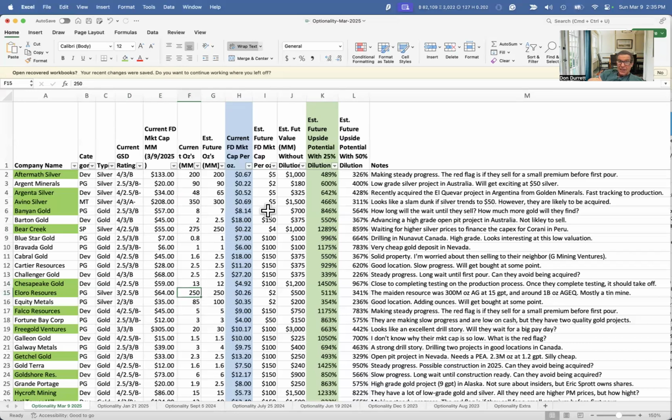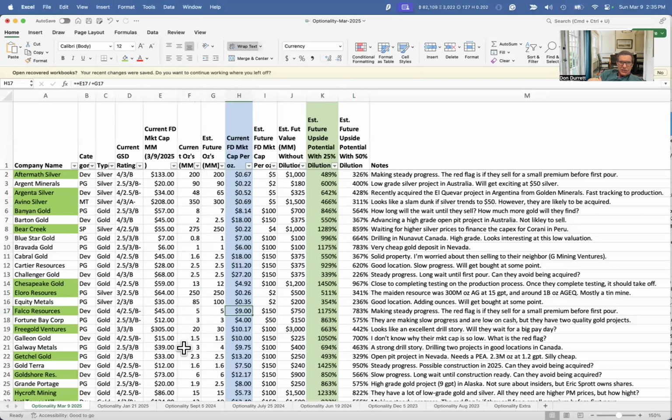So they have 1 billion ounces of silver equivalent, and I'm only giving them value for a quarter of that. So it's basically a tin mine, but that silver is going to make it a low cost tin mine. But tin is actually becoming a fairly rare thing. There's not a lot of tin mines in the world. So I like it.